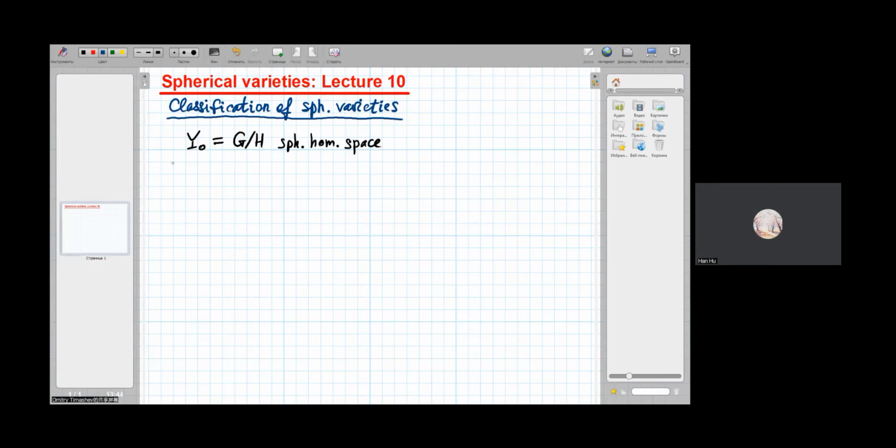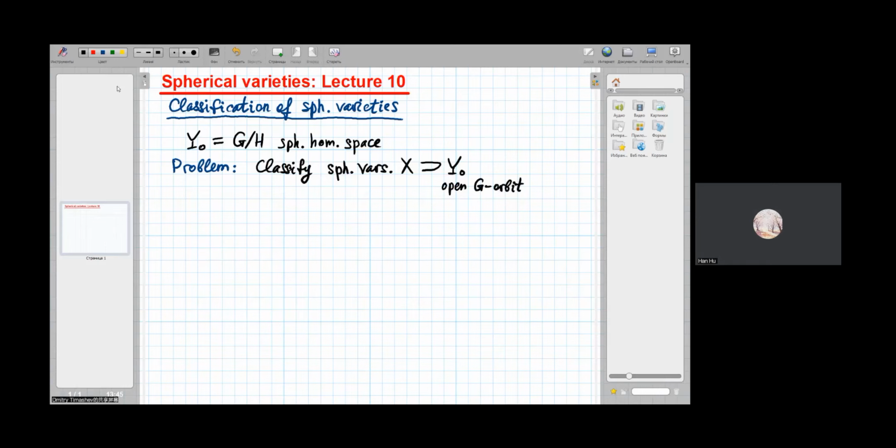So the problem is to classify spherical varieties, say X, containing this Y naught as the open G orbit. This is a problem I'm going to study.